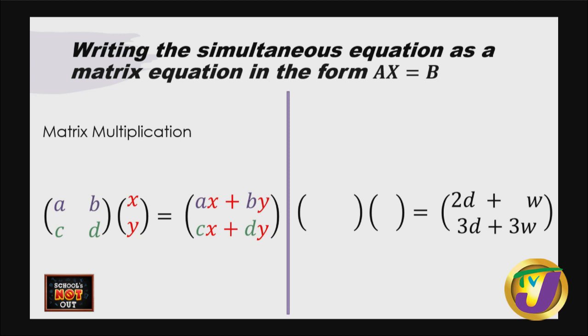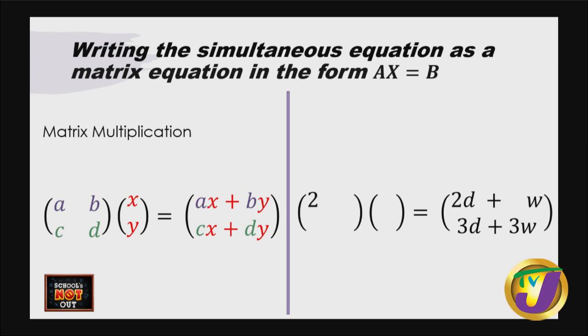Now let's do a little bit more investigation. We realize that when we multiplied the first element of the first row by the first element of the column, we got a result of AX, which means for 2D, we must have multiplied the first element of the first row of the first matrix by the first element of the column in the second matrix.